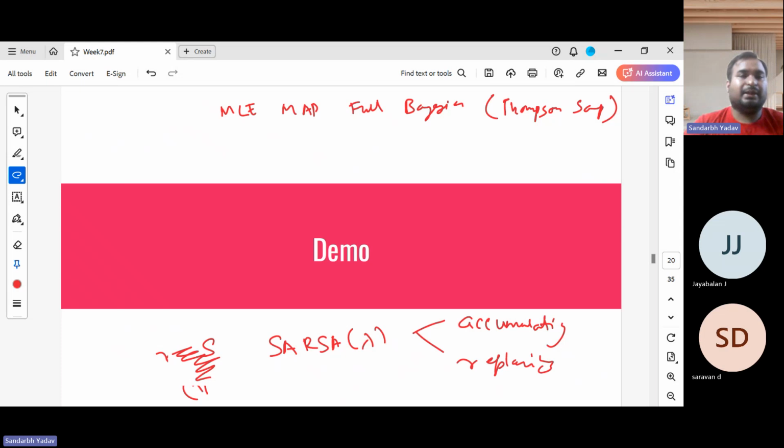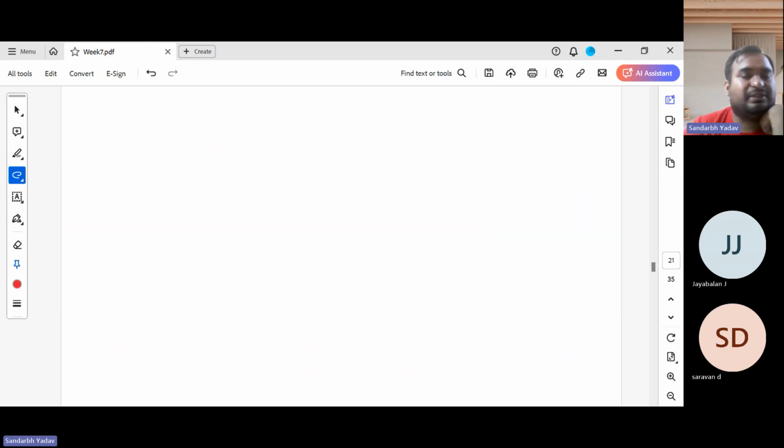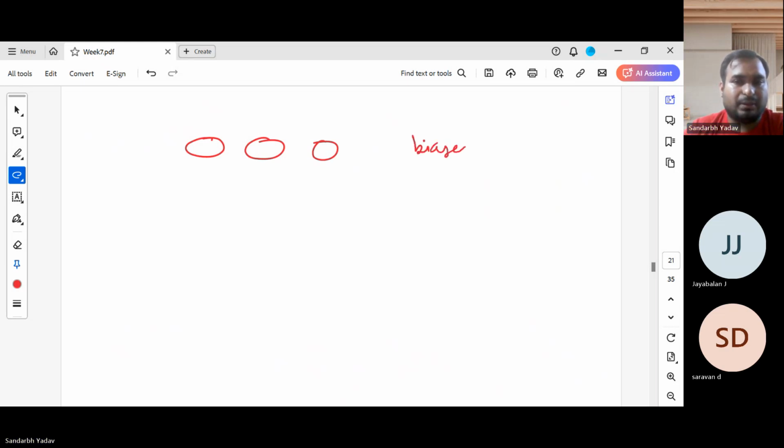Before that, first I'll explain what is the problem which we are considering. For the first demo, we will be considering the same problem. There are 3 coins, which are biased coins. In unbiased coins, the probability of head and the probability of tail are both equal to 0.5. But in biased coins, the probability of head and tail need not be 0.5. They can be different.